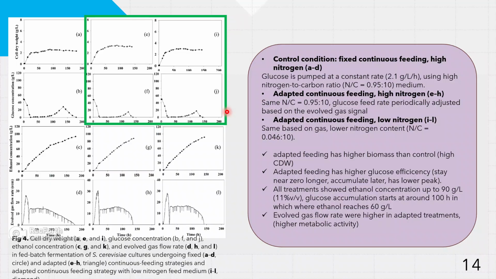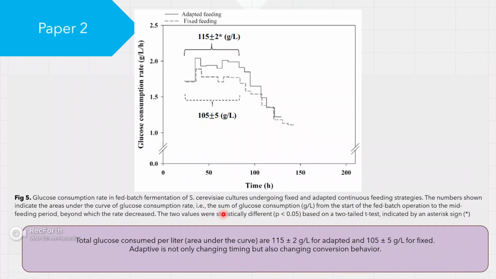All treatments showed ethanol concentration up to 90 grams per L, and glucose accumulation starts around 100, where the ethanol reaches 60 grams per L. And the evolved gas flow rate was higher in adapted treatments, which means higher metabolic activity.